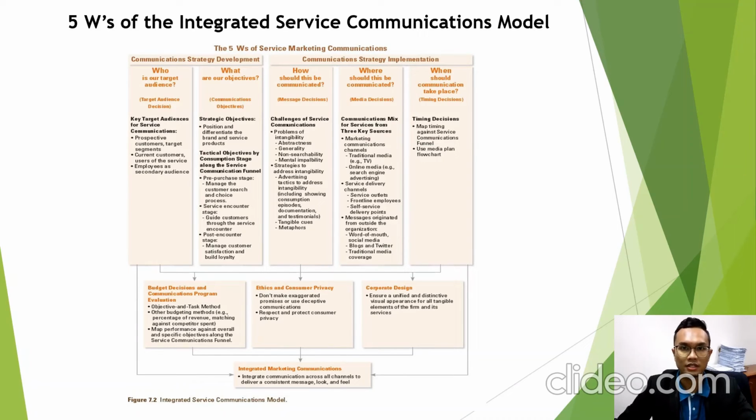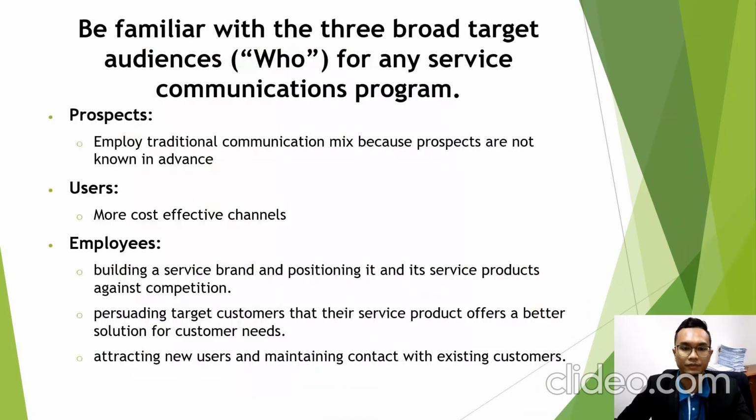As you can see in this slide, there are 5 things that we need to know, which are the who, what, how, where and when. This is a summary of the 5 W's. Let's look further at the specifics of the 5 W's.